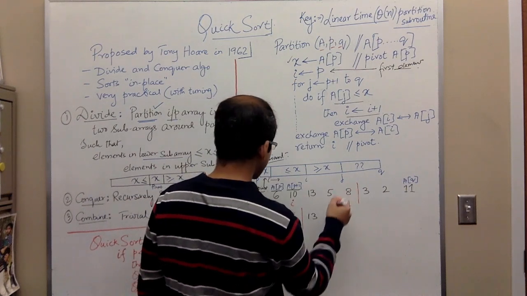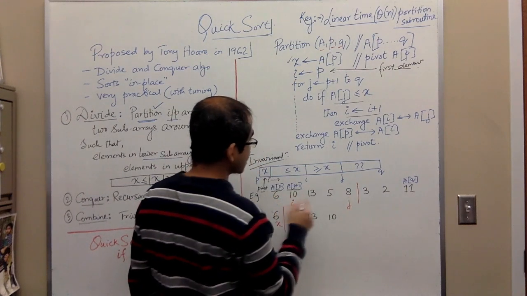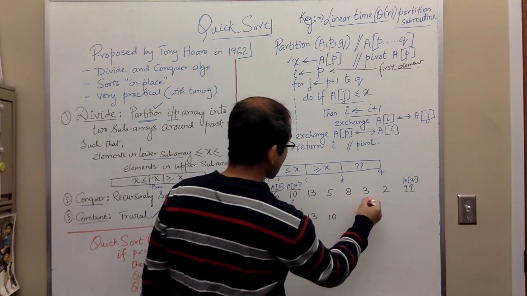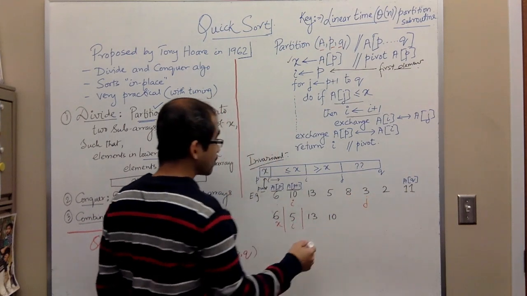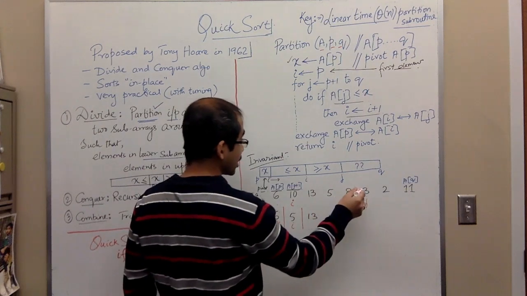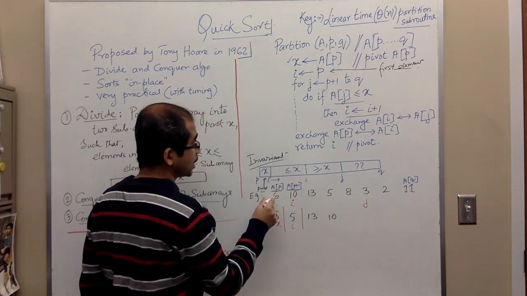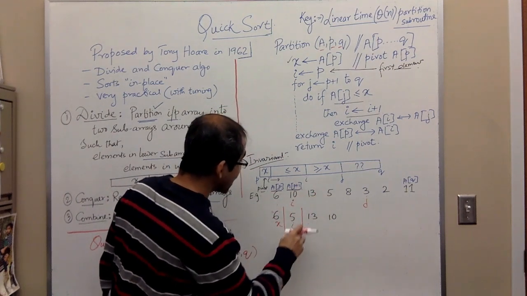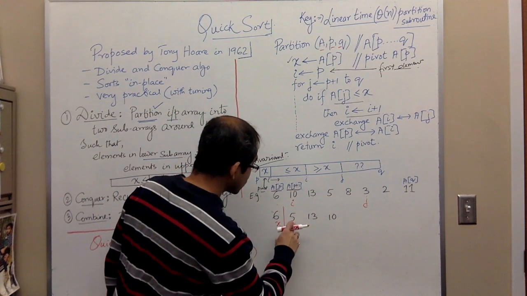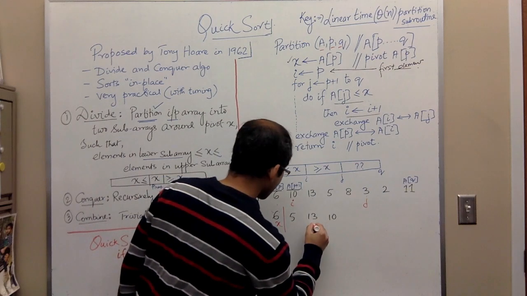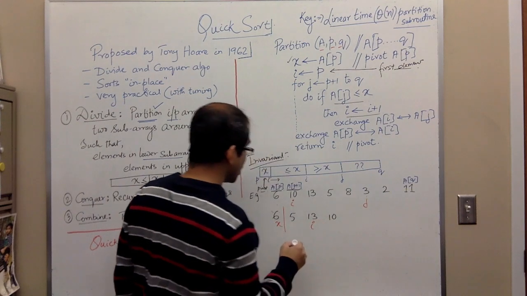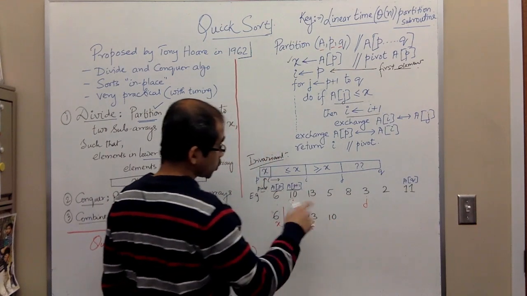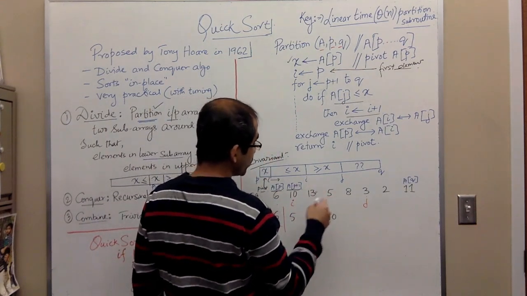Now j is 8, which is more than 6. So this partition grows, so j comes to here. When j comes here, we check whether this one is less than the pivot element, which is 6. Yes, it is less than. So I increment the value of i, and the new i comes here. When i comes here, I have to swap aj with ai.